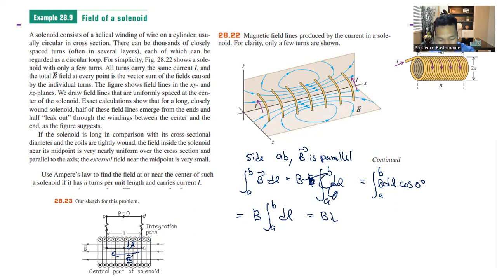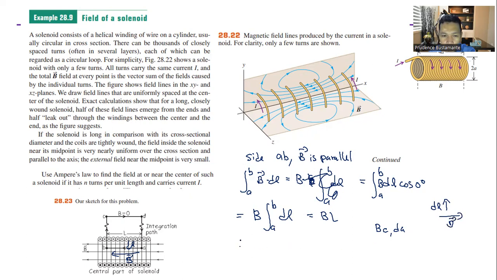Okay, alongside BC and DA, the B is perpendicular to the path. So we know that dl is along that direction and B is in that direction.